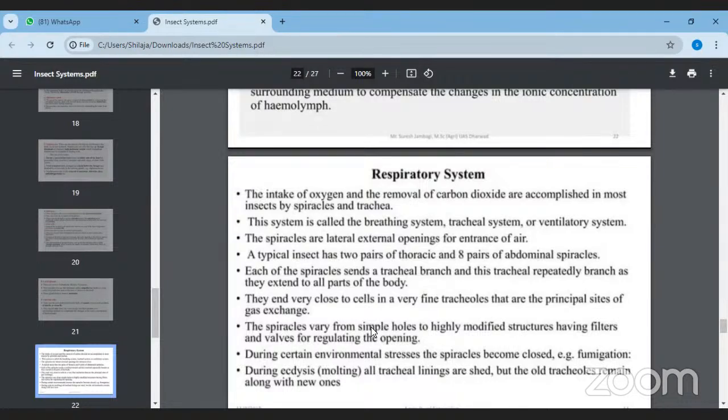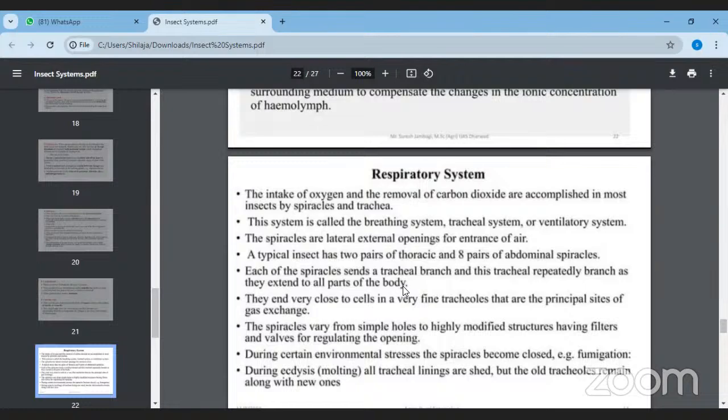Each spiracle sends a tracheal branch. Spiracles are the lateral external openings for the entrance of air, and each of them sends a tracheal branch.